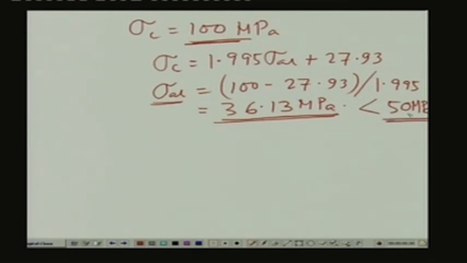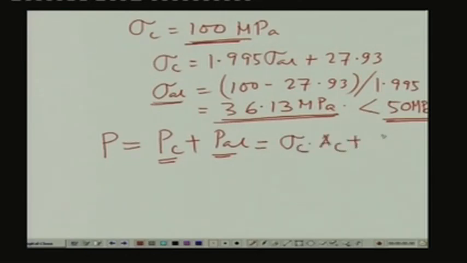Hence, the safe load that can be transferred on the bearing without causing any distress to the member is equal to P C plus P aluminum, the safe loads in the copper rod and the aluminum slip. This is equal to sigma C into the area of the copper rod plus sigma aluminum, which we can maximum allow, multiplied by the area of aluminum.